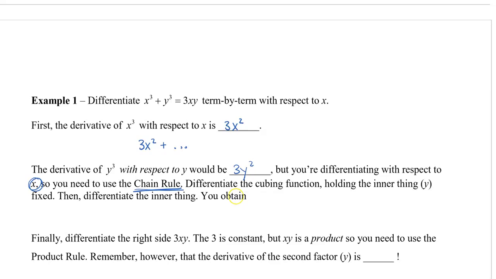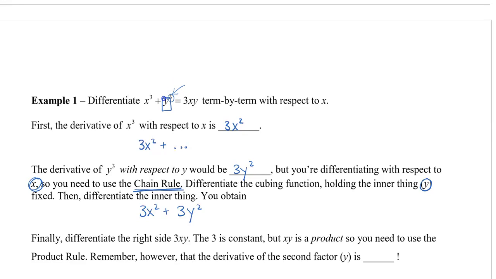So differentiate the cubing function, which means that we're going to hold the inner thing, that y part, fixed. Then we're going to differentiate the inner thing, which is the y. So we still have the beginning part, 3x squared. We also have 3y squared, which would be the outer part.